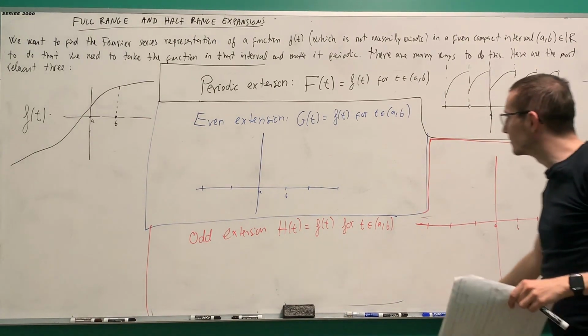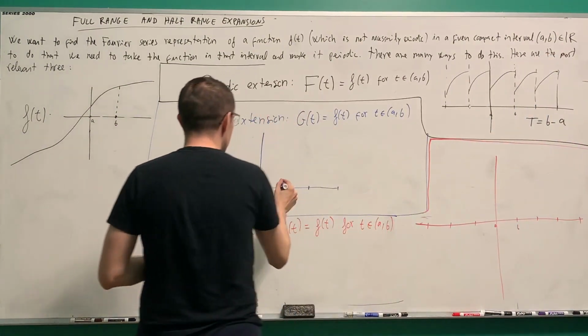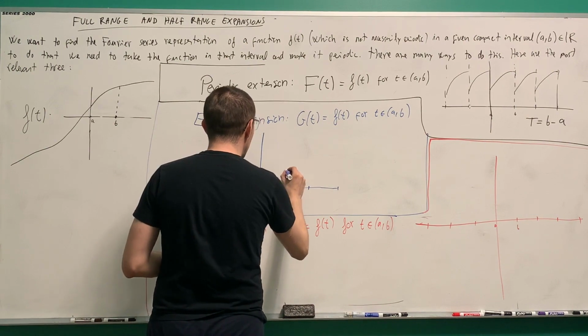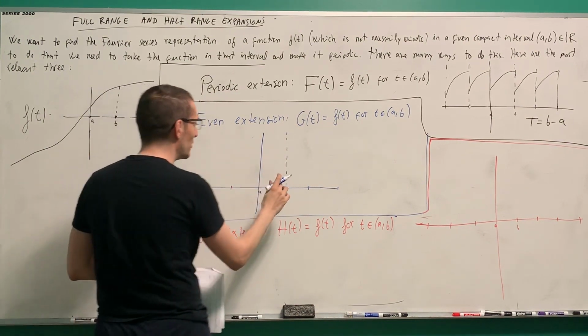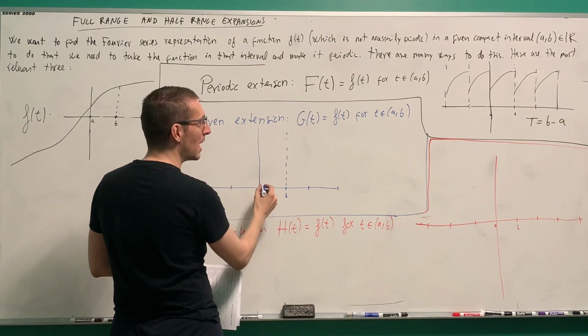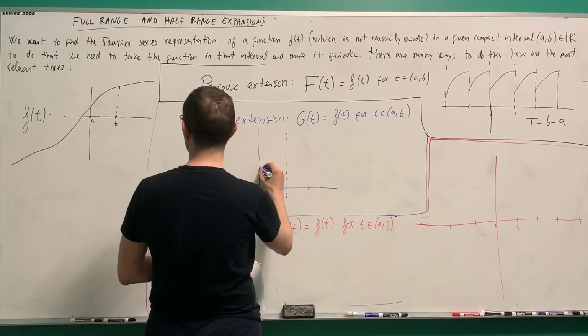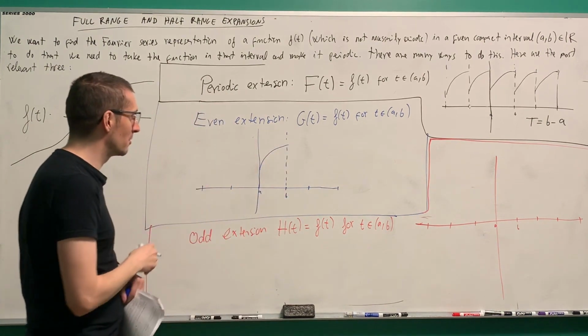All right. How about the even extension? How does that work? Well, the key point is that in the interval a b, the function has to be the same, because otherwise it would not reproduce what I want to reproduce. So the function is something like this, same as before, from a to b.